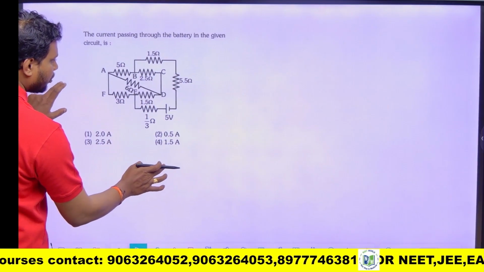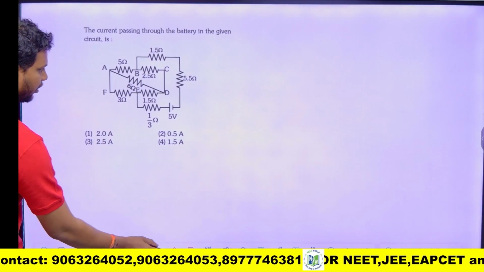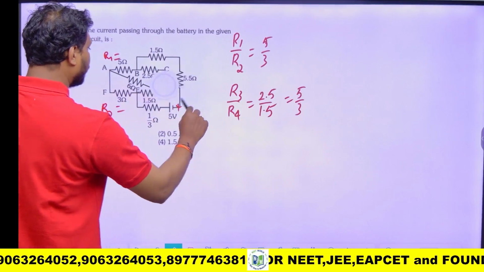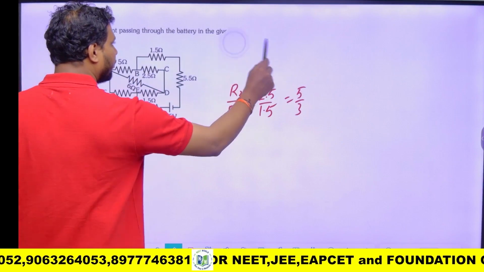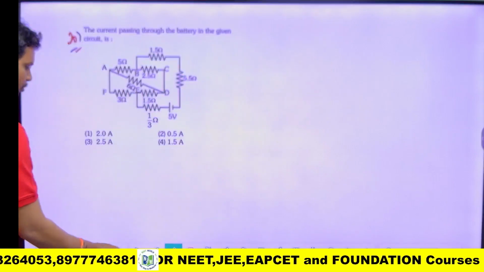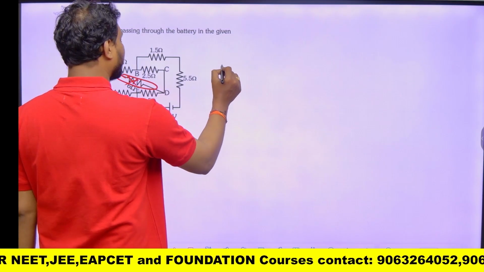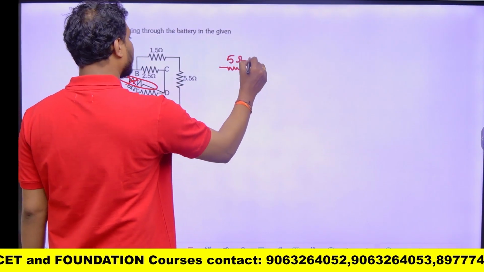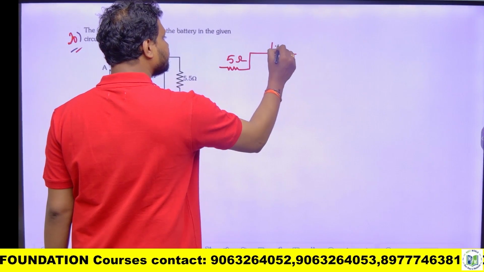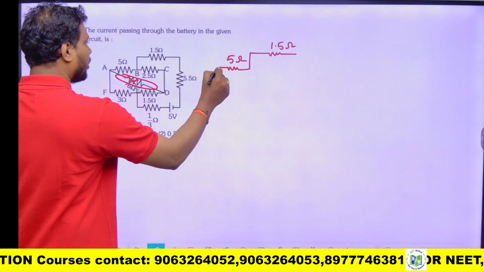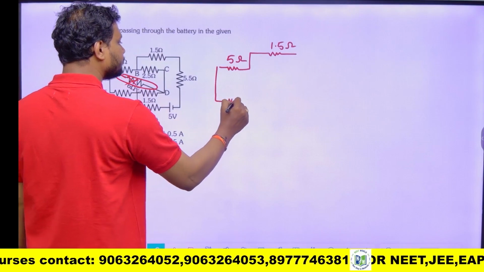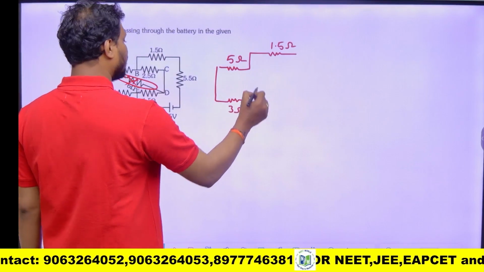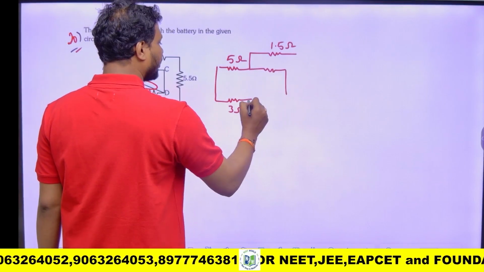As we know, if the Wheatstone bridge condition is satisfied, we can remove R5, the middle resistor. So we can remove this middle resistor. Then the remaining circuit looks like this: this is 5 ohm, this is 1.5 ohm, this value is 3 ohm, this is 2.5 and this is 1.5.